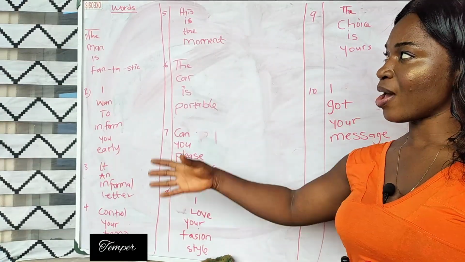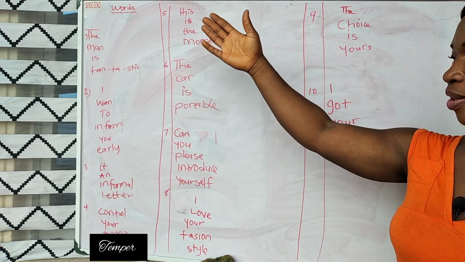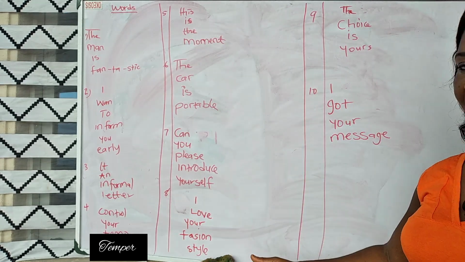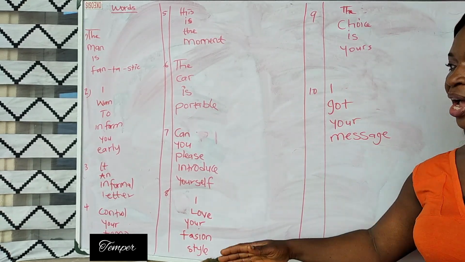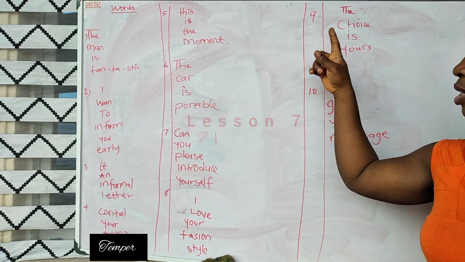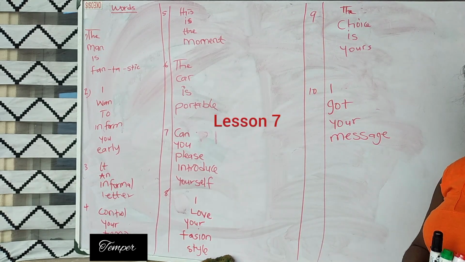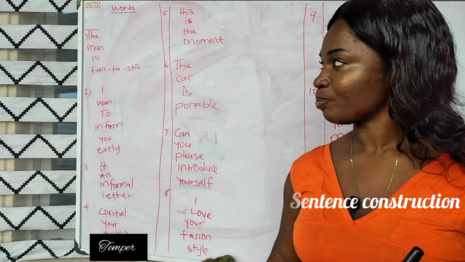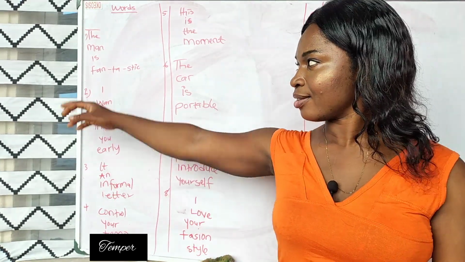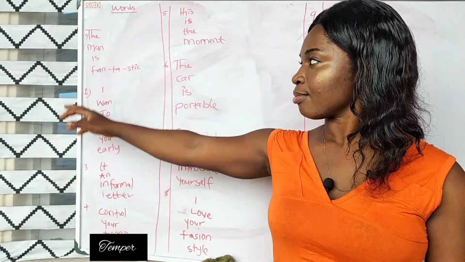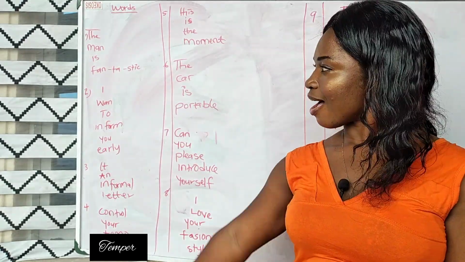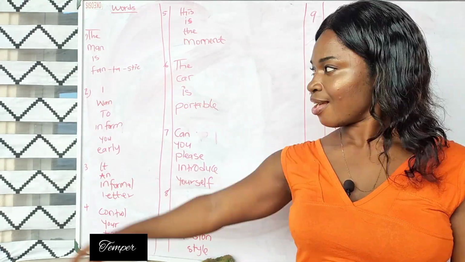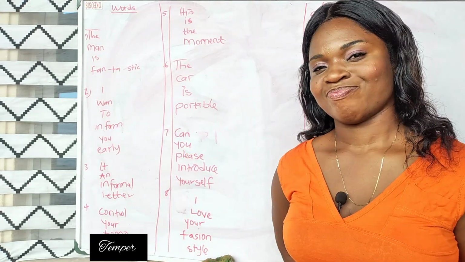Right now, I have some words listed out from here to here and here. I numbered them 1 to 10, and we're going to be using them to construct a sentence. So let's start from number 1. I have words like the, man, is, fantastic.